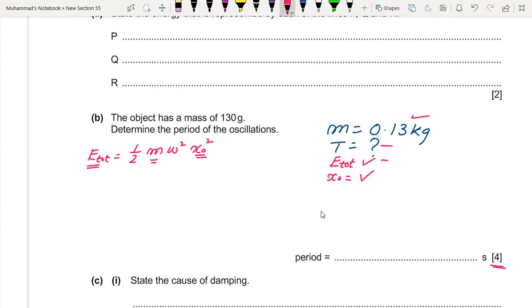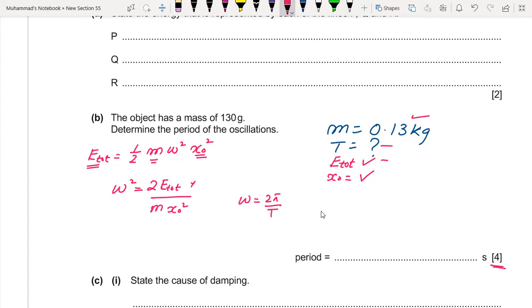From this equation, we will find omega. So omega square is 2E total divided by m x naught square. Once you get omega, then omega is 2 pi by T. So you will get time period.